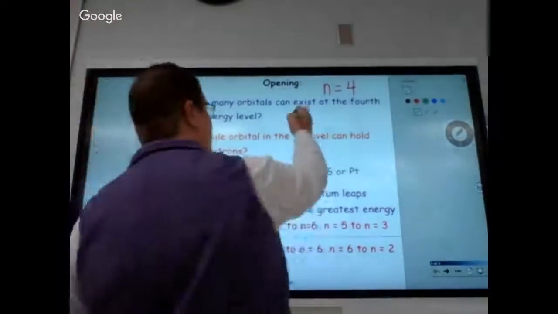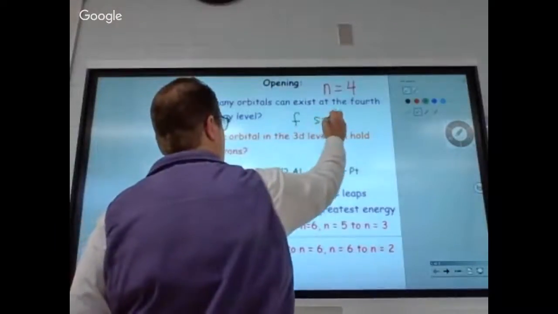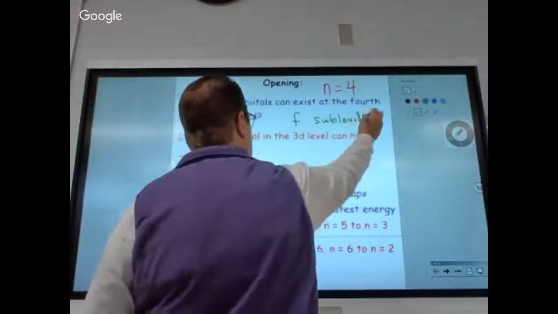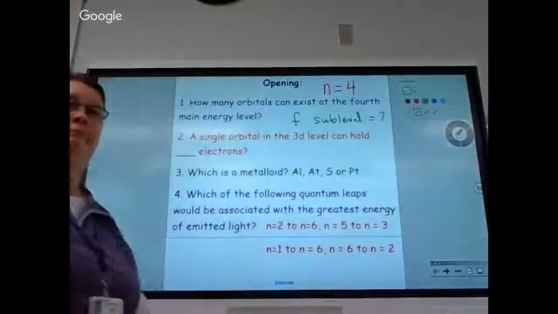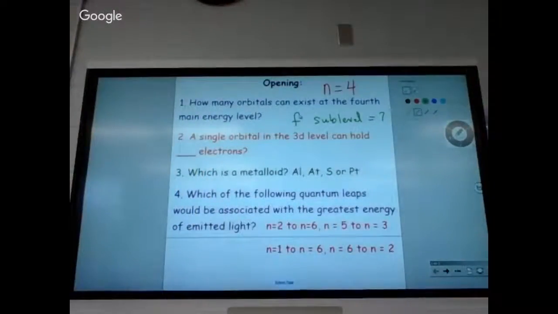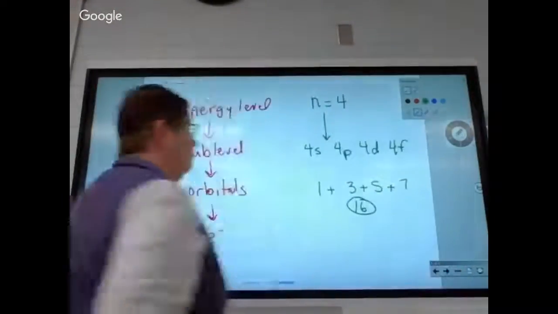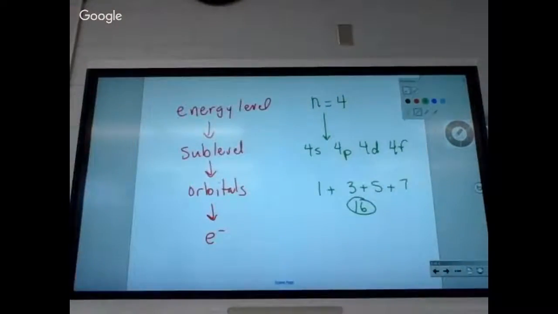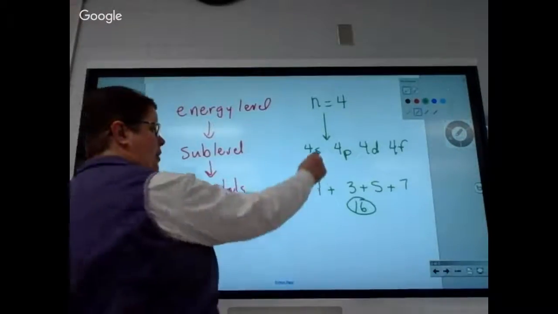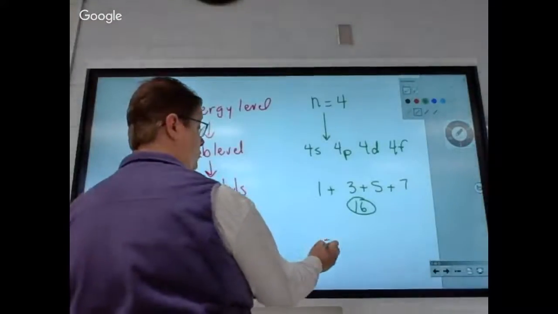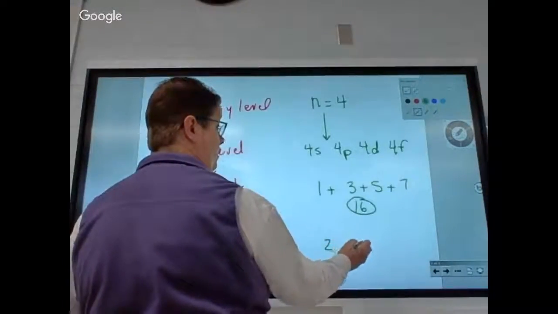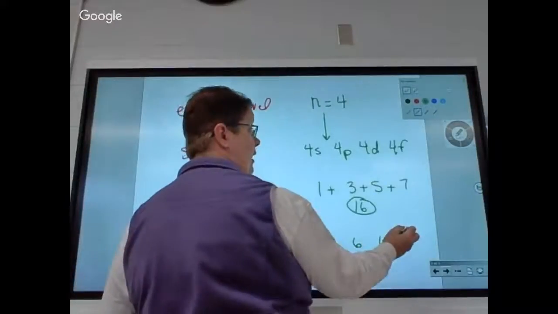If I just said the f sublevel, that would be 7. If I had said electrons at the 4th main energy level, you'd go one step further and you would say how many electrons at s, at p, at d, and at f.